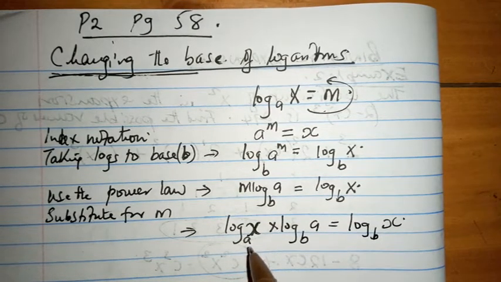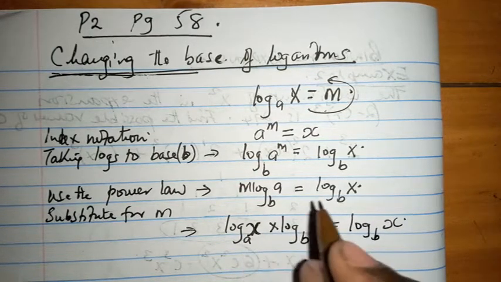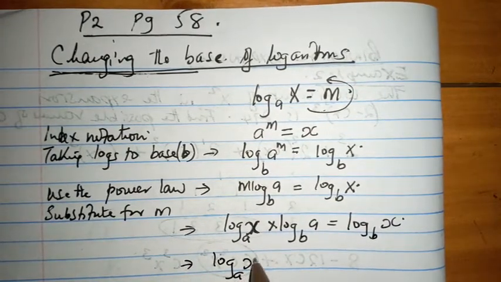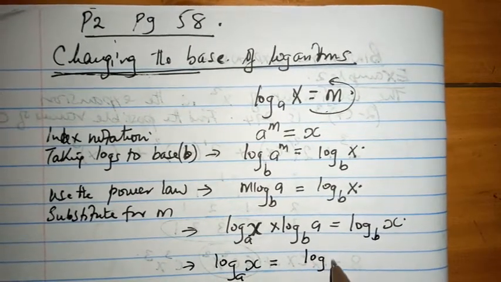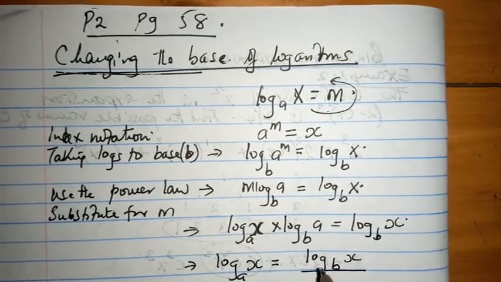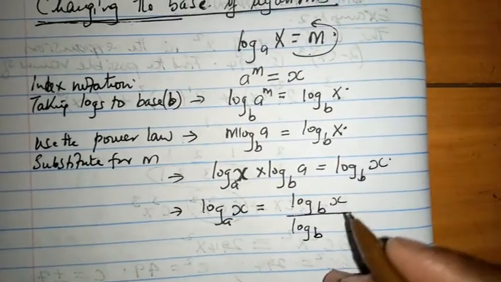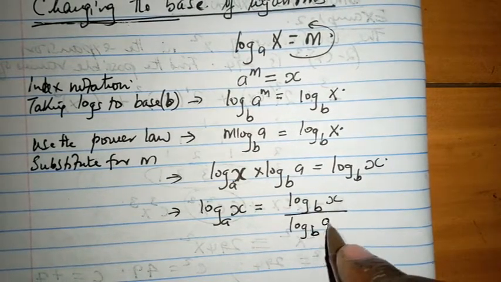So if you would wish to make originally what we had, logarithm to base a of x, the subject of the formula, we are going to have logarithm to base a of x equal to logarithm to base b of x divided by logarithm to base b of a.